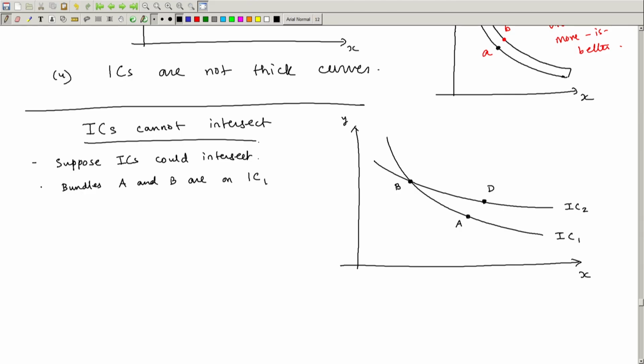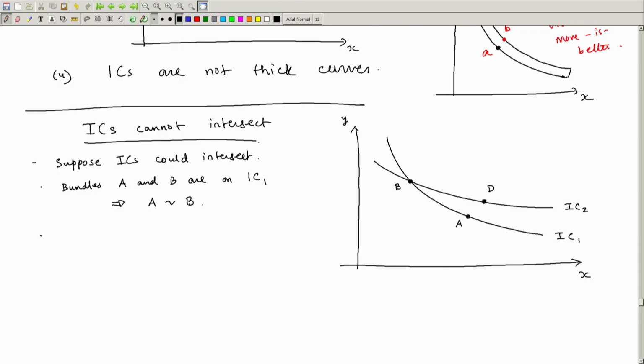So, if I give the consumer a choice between these two bundles, the consumer is going to say that I am indifferent between A and B. Because I have two bundles which are on the same indifference curve, it must give the consumer the same level of utility. So, if I ask the consumer to rank or make a choice between these two bundles, the consumer is going to say that I like them equally, I am going to be indifferent between A and B.